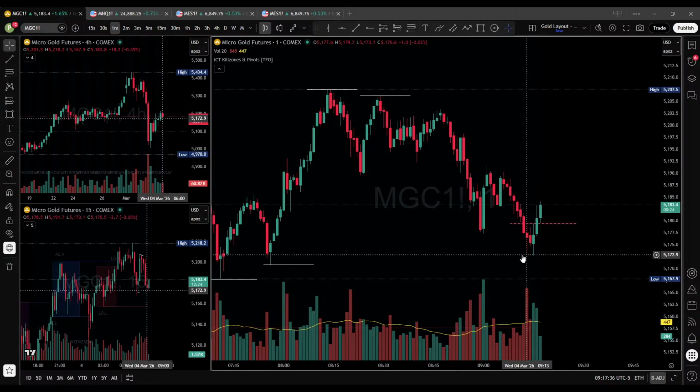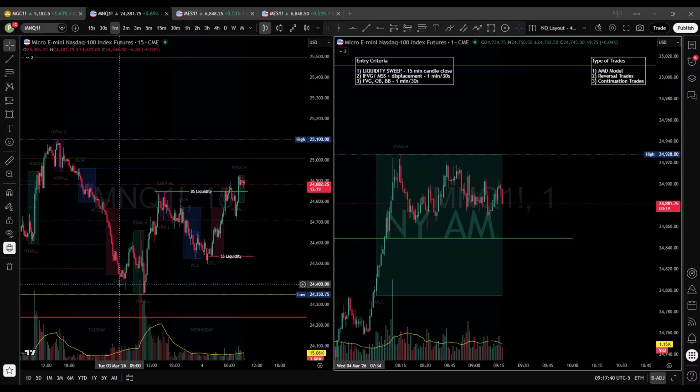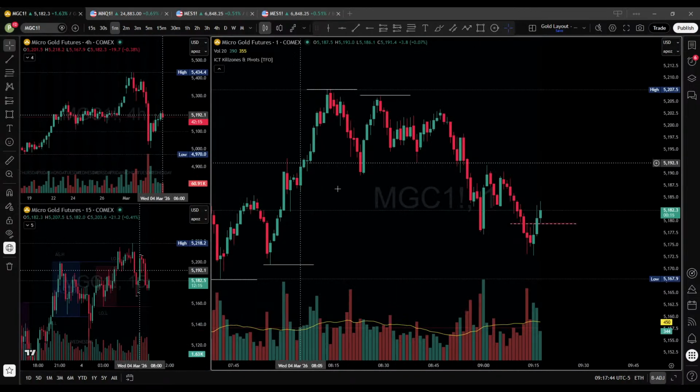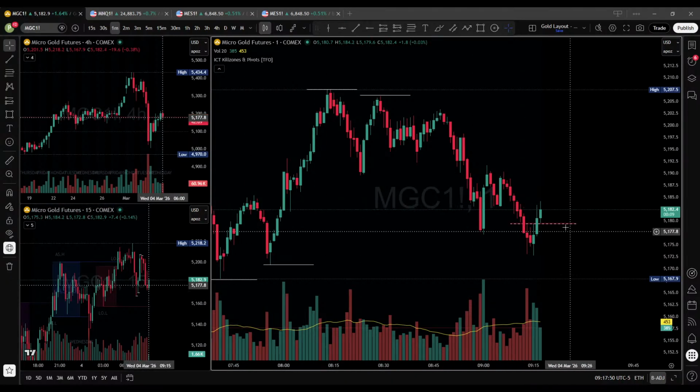I'll show you one example. Look at this VIX. We have the same kind of VIX here. Price came down, closed the candle below, and then started moving up higher. So at this position right now, I'm looking for price to take out these lows.